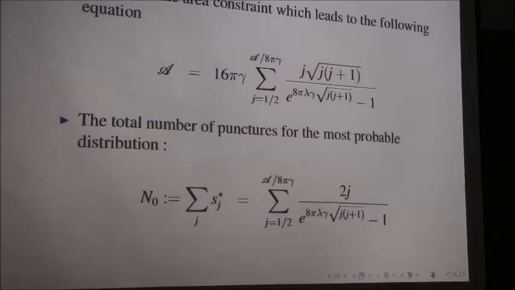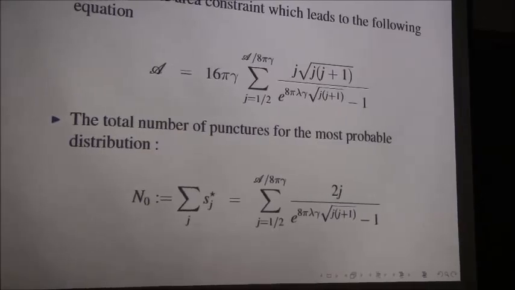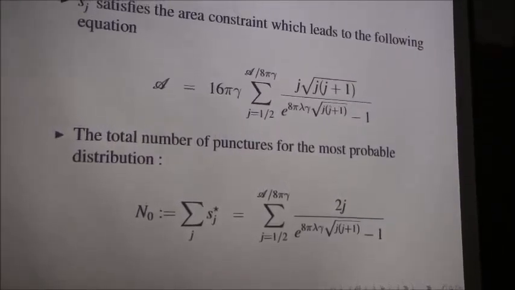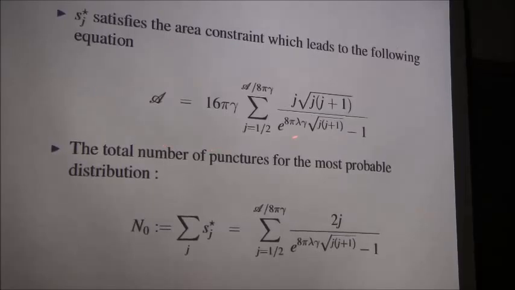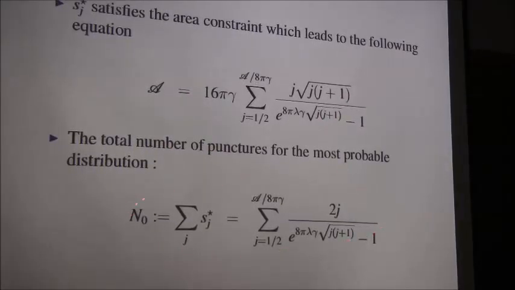Now this S_j star satisfies two equations like the previous one. One I can just saturate, just put the S_j star in the expression for the area constraint from which I get this, and I can define a total number of punctures n naught by summing over all possible j's for that most probable distribution.